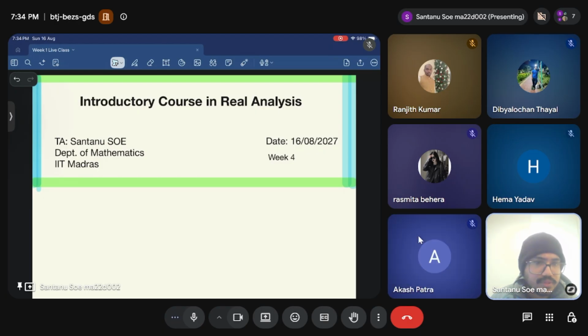I think 4 or 5 lectures were given, mainly on convergence of sequence, limits of sequence, and then a few other topics: ratio test, Cauchy theorems, criteria for convergent sequences, some results on limits, and the Bolzano-Weierstrass theorem. So without wasting time, let us start the first question.